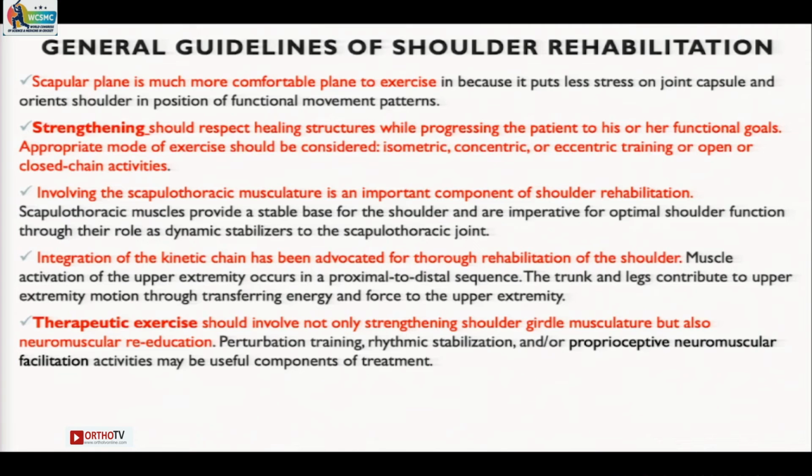That means 50% of the energy comes from the lower limb and trunk. When you are throwing, the velocity comes from the muscles of the lower limb and the trunk. So you should focus on the whole kinetic chain.